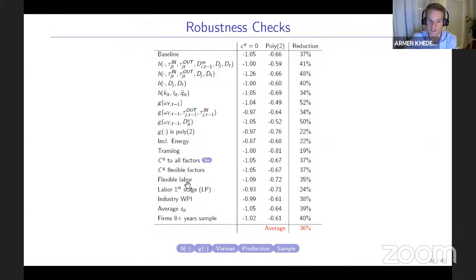We could also identify labor in the first stage, or change the moment condition of labor. My favorite one is when we take a different price index to deflate variables, and then we also check, because our sample isn't really good at representing all firms, a balanced sample, and all of these specifications don't really change our conclusion, which is that the drop in the elasticity tends to be around 36%.